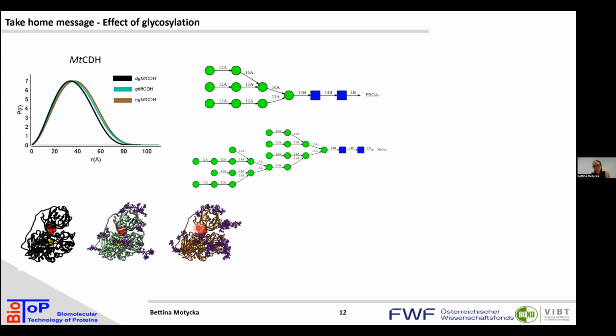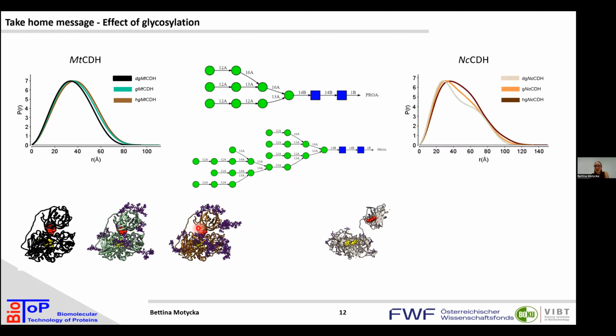But there is more effect when you go to this NC-CDH, where we have the open structure, because again, with the deglycosylated crystallized form, you can see this peak appearing. And in this structure, we have 7 N-glycosylation sites. So by performing the glycosylation with this normal mannose tree, I came to this structure.